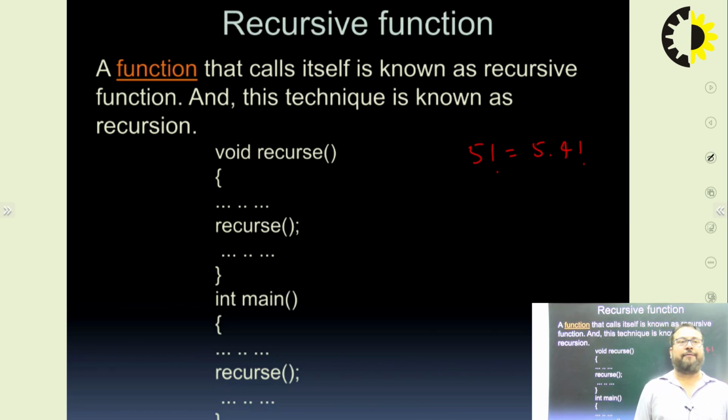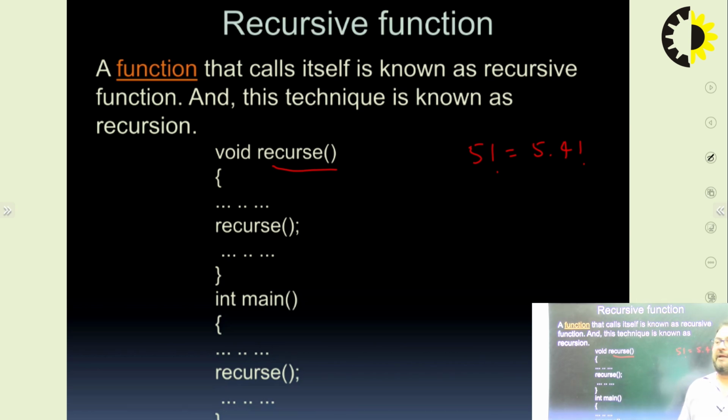If we can define something in terms of itself, then we can use the recursion concept. So a function that calls itself is known as a recursive function. Like here we have a function recurse, and recurse calls recurse. So the same function calls recurse.